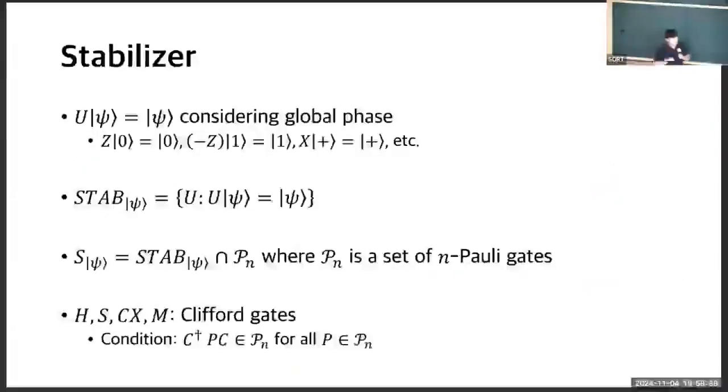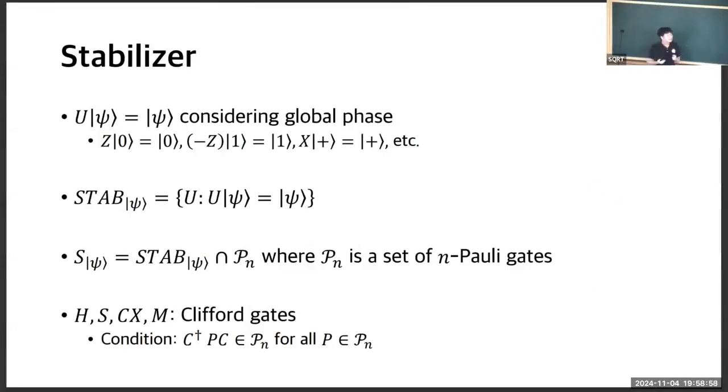Stabilizer simulation involves stabilizers, of course, and a stabilizer is a gate that is specific to a state that satisfies U psi equals psi. Considering the global phase, like Z0 would stabilize 0 and minus Z1 would stabilize 1, like that.